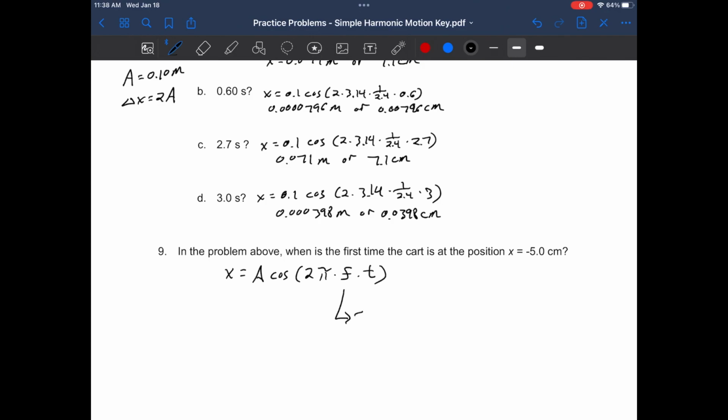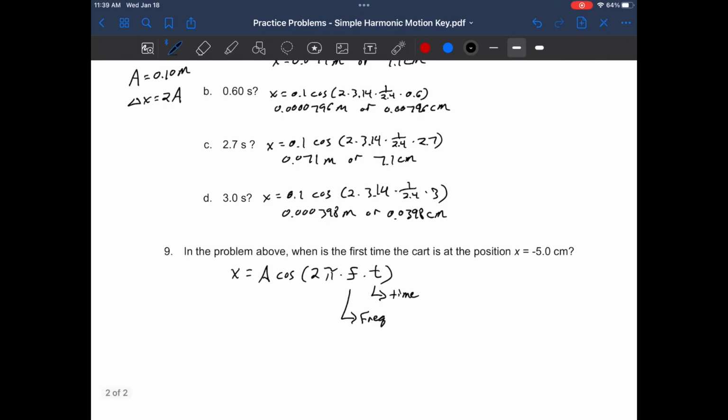F is frequency, which is the inverse of period. T is time in seconds. A is amplitude. And any of the distance measurements or displacement measurements will always be in meters.